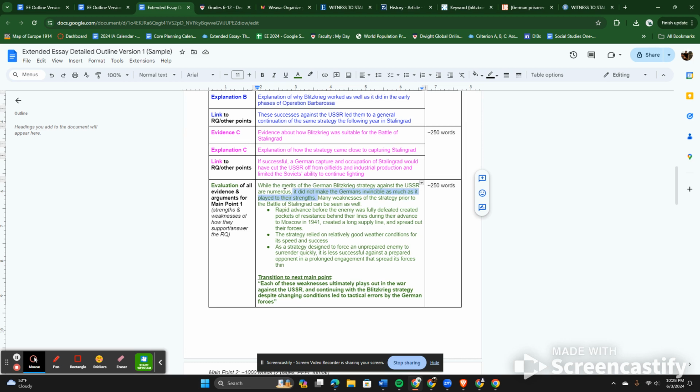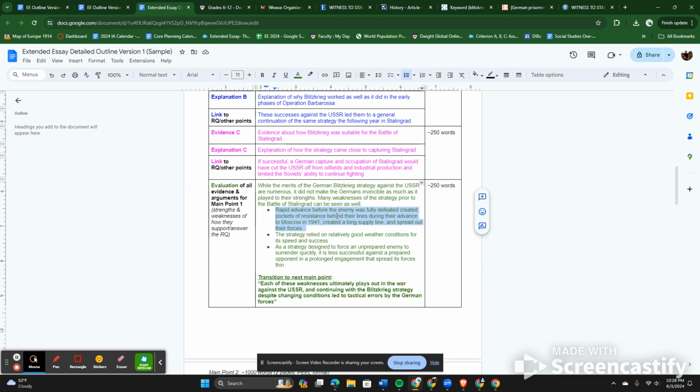But with these strategies, every benefit that they have, they also offer up a vulnerability. Because it was so fast, one of the problems of Blitzkrieg was that it allowed pockets of resistance to form behind. They didn't really shore up their defenses. They just raced right through, blasted through an area, and then kept moving on and didn't control the area fully.